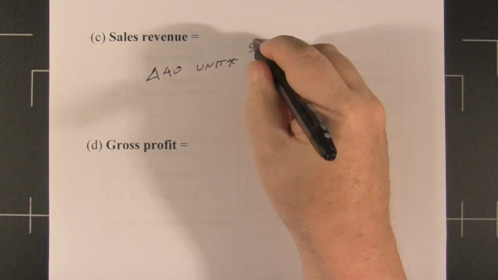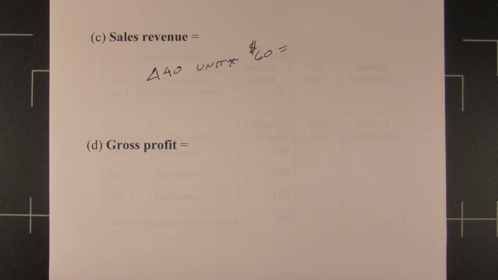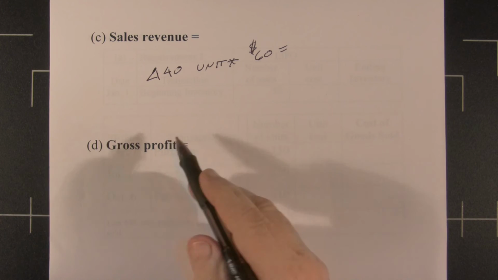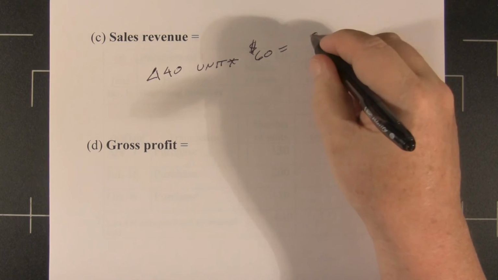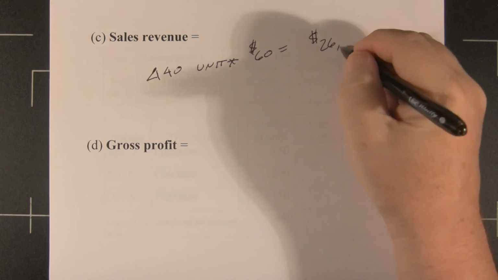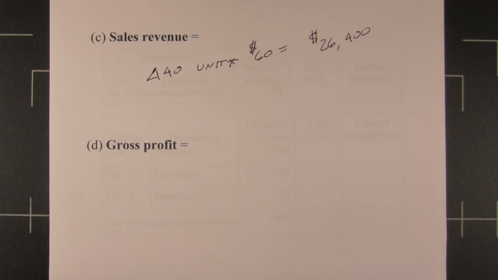So that number's not going to change under LIFO, FIFO, weighted average, it doesn't matter. So our total revenue is 440 units, $60 a pop, $26,400. And that will not change under LIFO, FIFO, weighted average, any method you want.